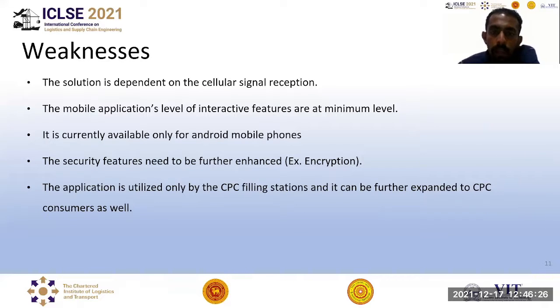And the current mobile application is not that interactive. The features are at minimum level, and it's available on Android only. So it needs to go from Android to Apple phones and maybe tablets. And there are quite a few security features that need to be added to the mobile application, encryption and all that.